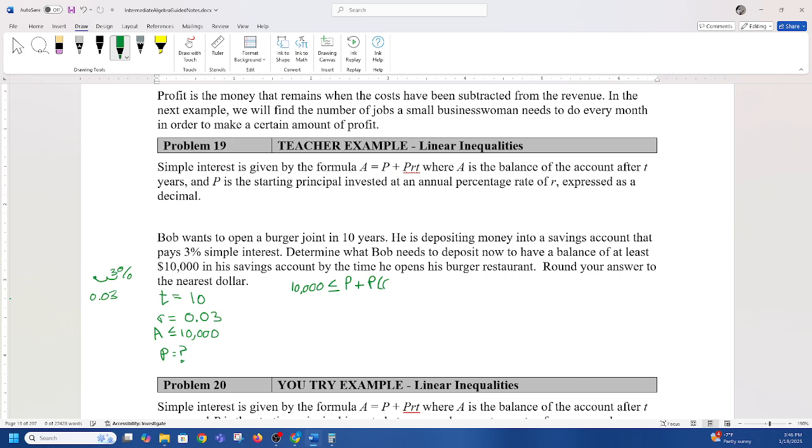My rate is 0.03, and time is 10. I'm going to simplify as much as I can. I'm going to start by multiplying those numbers out, and then I'll combine like terms.